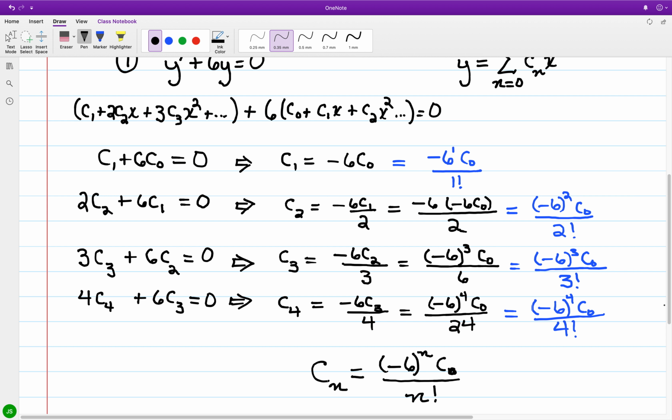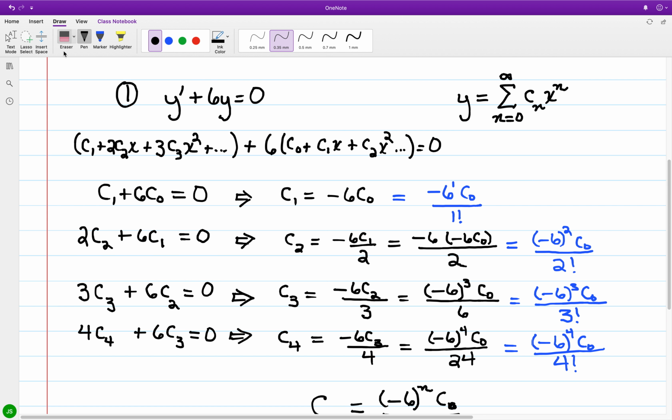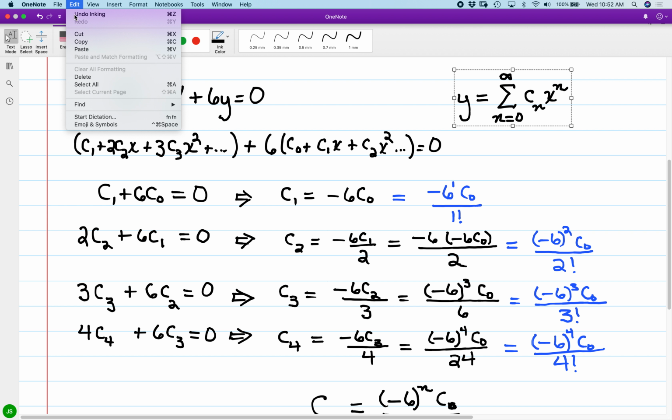For the general solution in y, I will copy this.